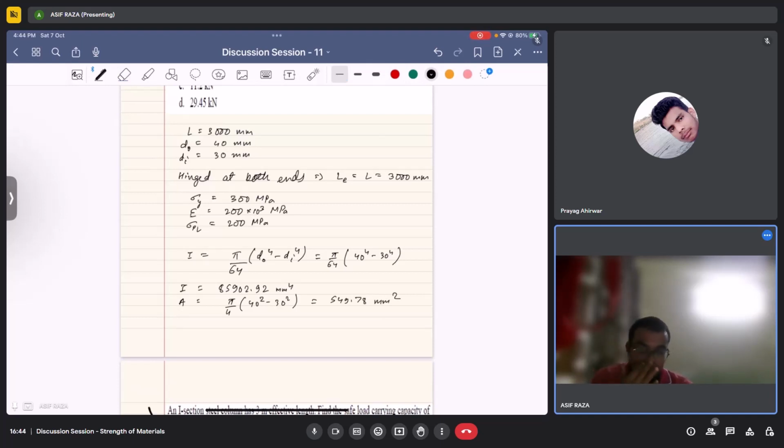The radius of gyration R can be found by taking I upon A, and this would be 85902.92 divided by 549.78.